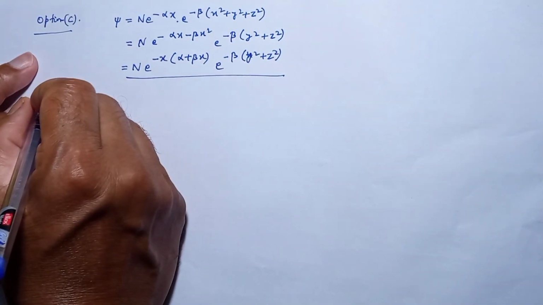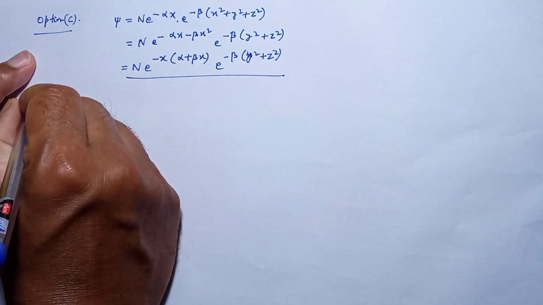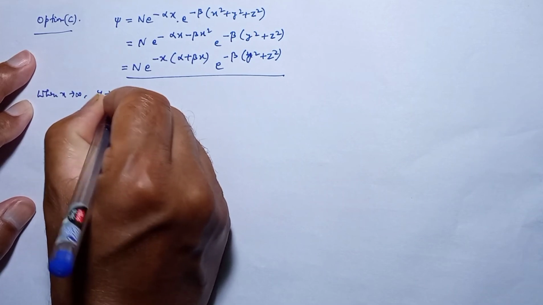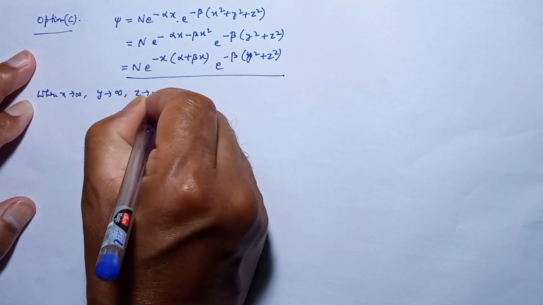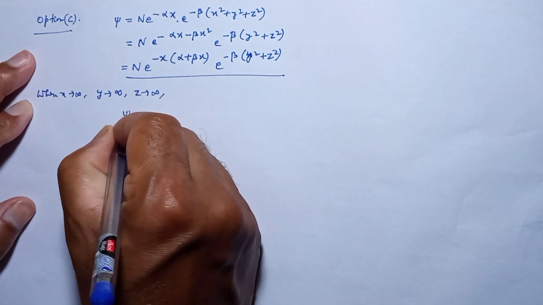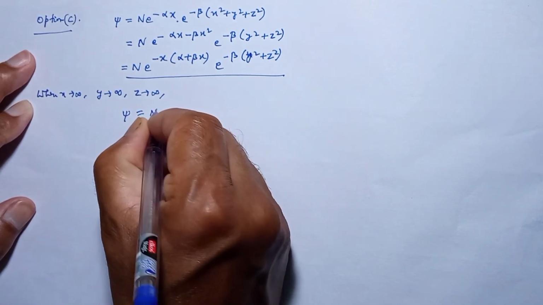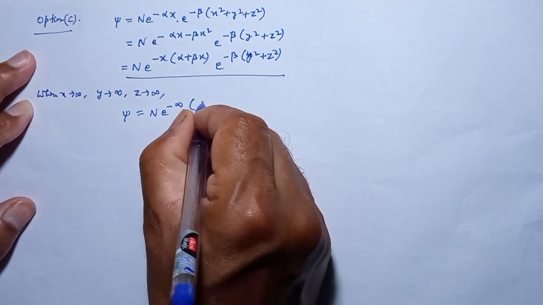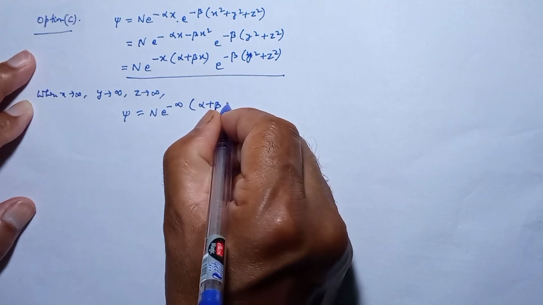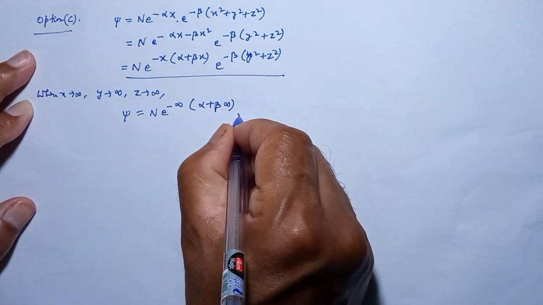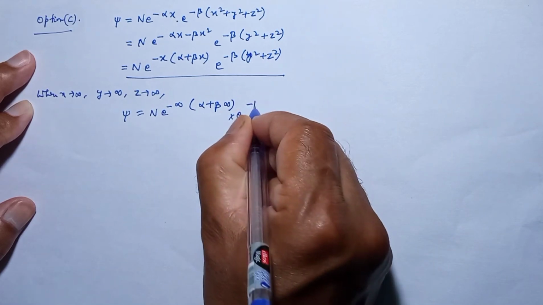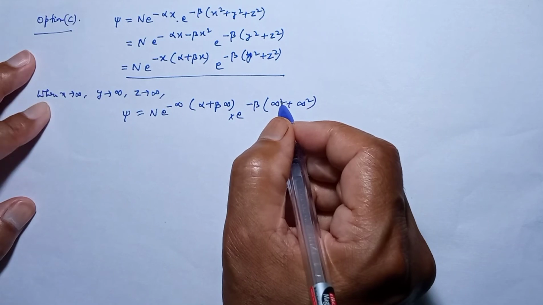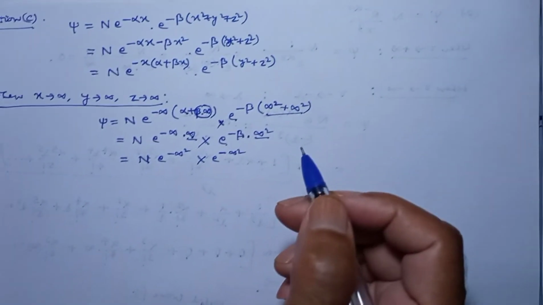Now we apply when x tends to infinity, y tends to infinity and z tends to infinity. We have psi equals N e raised to minus infinity times (alpha plus beta times infinity), times e raised to minus beta times (infinity square plus infinity square).